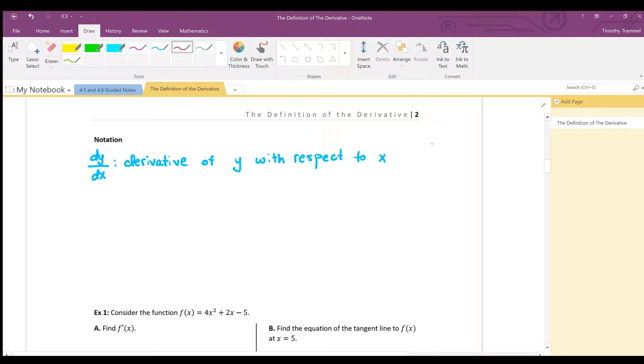Now, if our function is actually written in function notation, like let's say f of x equals something, we'll write it almost in the same fashion. We'll write over here df dx.